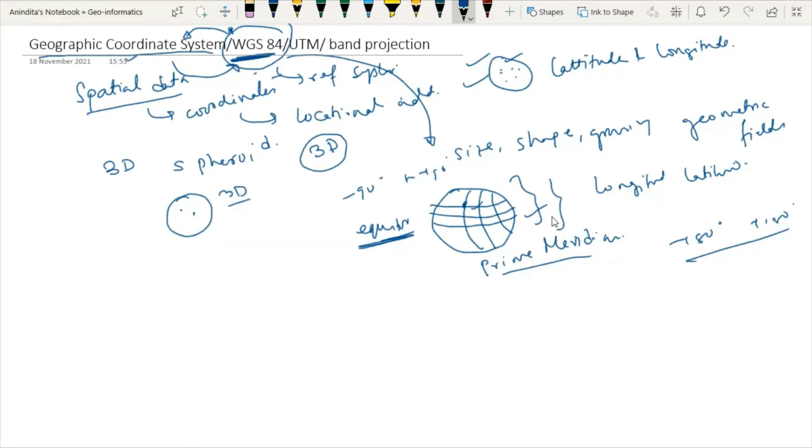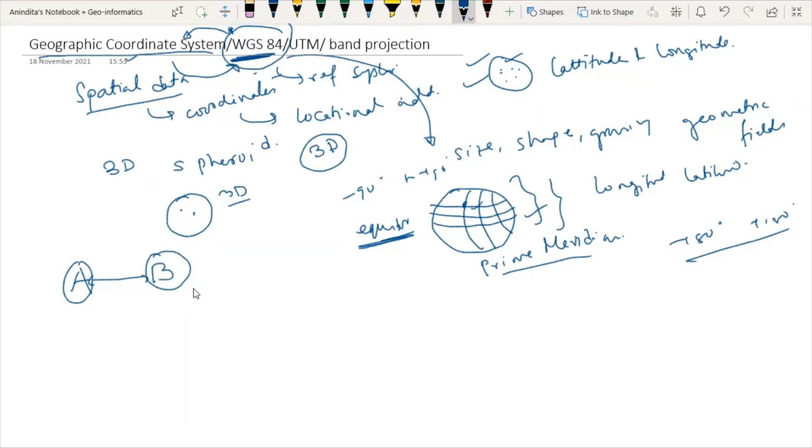Say there are two locations, A and B, right? It becomes problematic when we want to measure the distance between these two locations. So what is the problem?